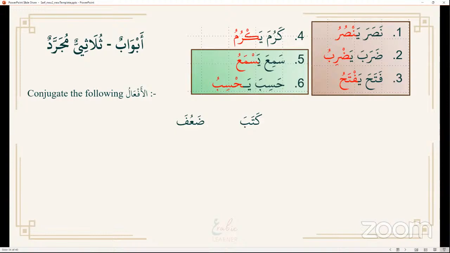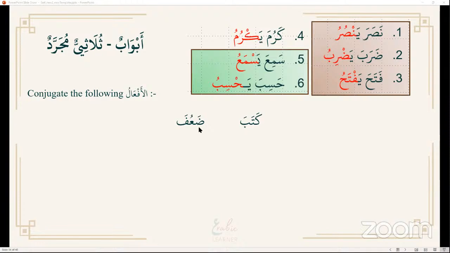Da'ufa. Definitely da'ufa is not from this family because the ain kalima is dhamma, and there is only one choice for that. So what is it? Belongs to which bab? Karuma. So what is the mudari for this?